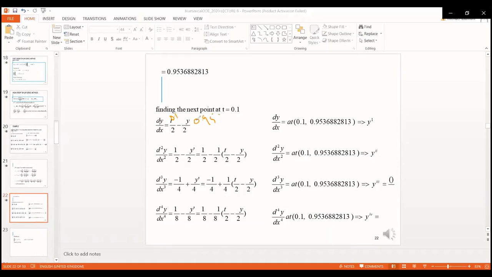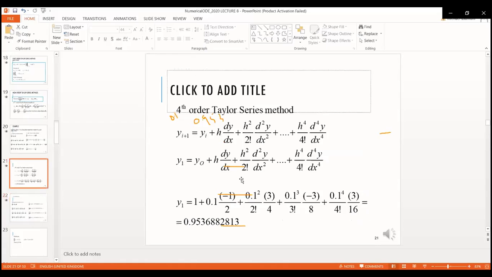You put it into the function to get your answer. Then you do the same for each equation. Once you've obtained these four answers, you substitute into the general equation to give you y2.